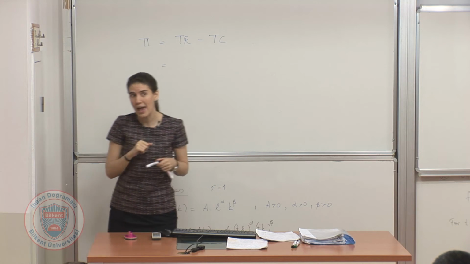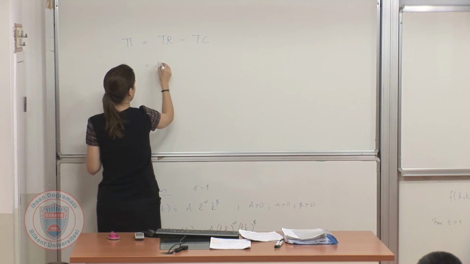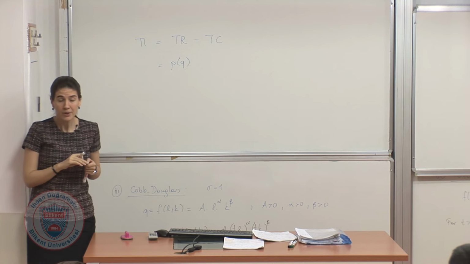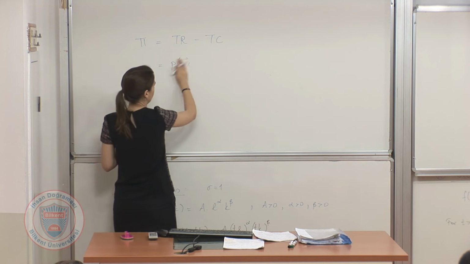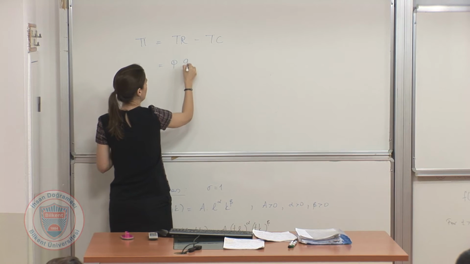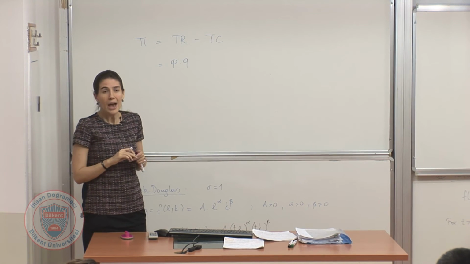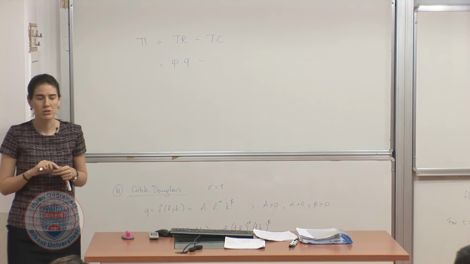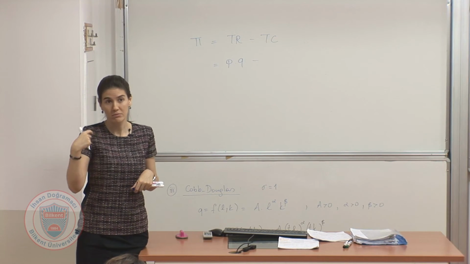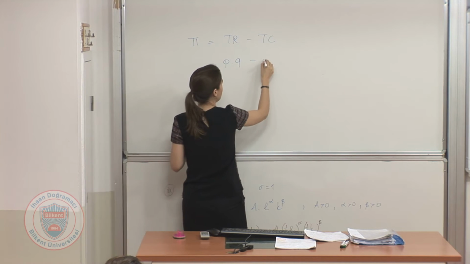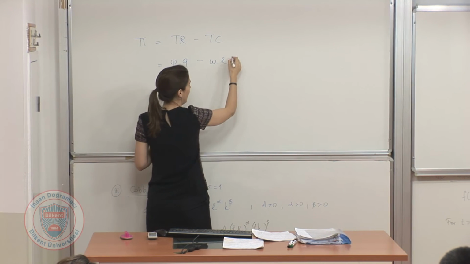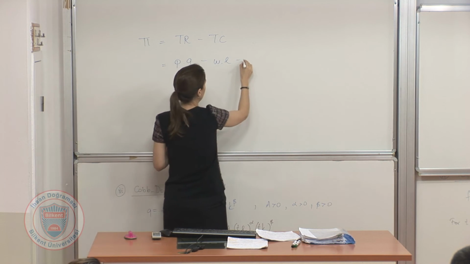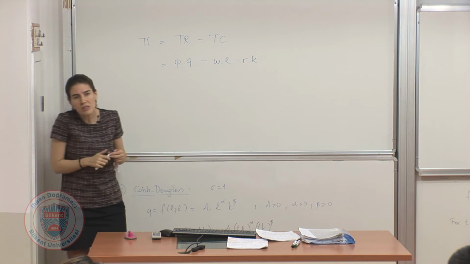Usually this price depends on quantity, but suppose the firm is a price taker, so let's take the easy case, P times Q. And then what is the total cost? Suppose the firm has two inputs. Total cost is wage times labor, W times L, how much labor you use. And there's capital. The cost of capital we call the rental rate, so we show it by R times K. So this is total cost.